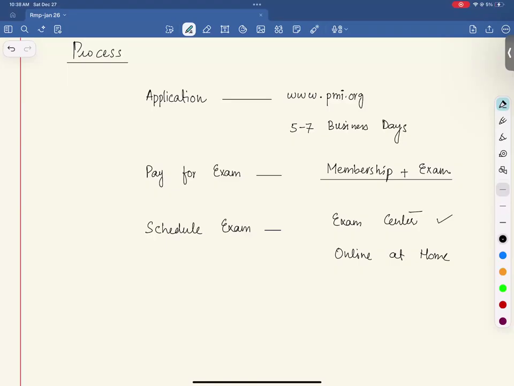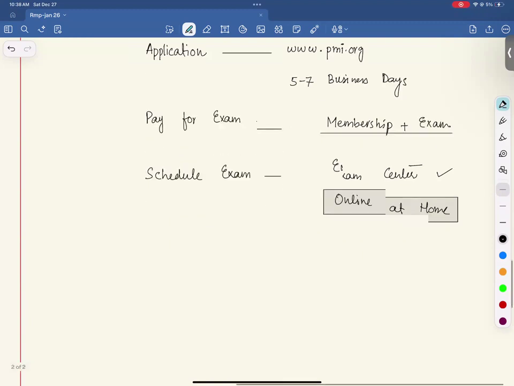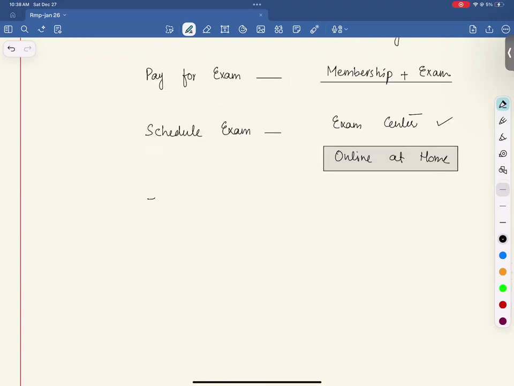I suggest going for the center-based exam, because if you take the exam online at home and there is any technical issue with the network or internet, you'll be responsible for that, and sometimes you have to retake the exam. So it's better to go to the exam center. Schedule your exam, and then you take the exam. You get your result instantly right after you complete your exam.